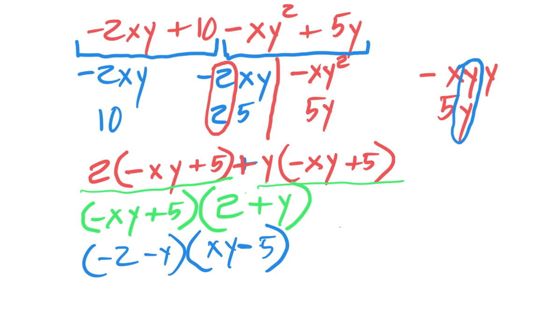And instead of factoring out a y, they factor out a negative y. I'm not sure why they did it that way. I guess so they wouldn't have a negative on their x and y. Okay, but as I said earlier, both of these are the same. It's just if you're taking a multiple choice test, you want to match the one that they put out there. And that would have looked like this.